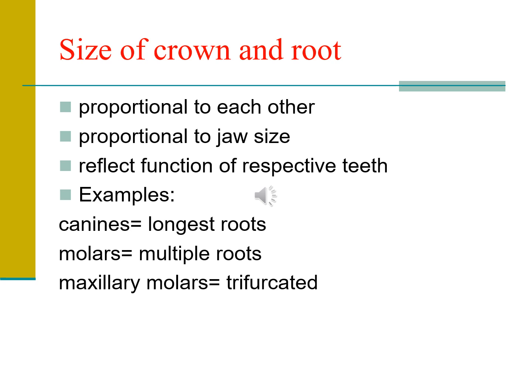For example, a canine has the longest root, which gives it extra anchorage and extra size, supporting the canine in its location at the corners of the mouth. So the canine can withstand the shear forces.